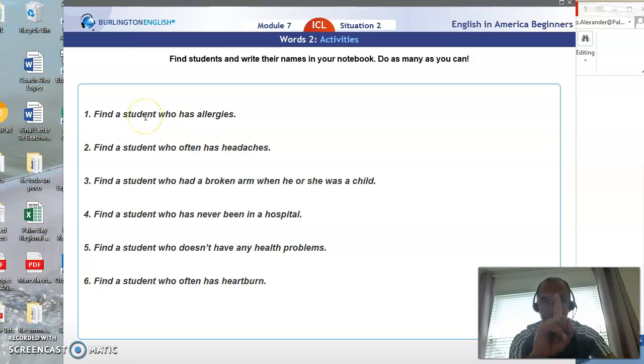Find a student, one student, who has. It can be female, it can be male. That's one of the reasons that you use the form has.